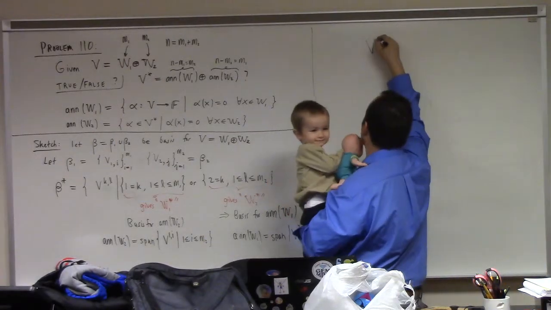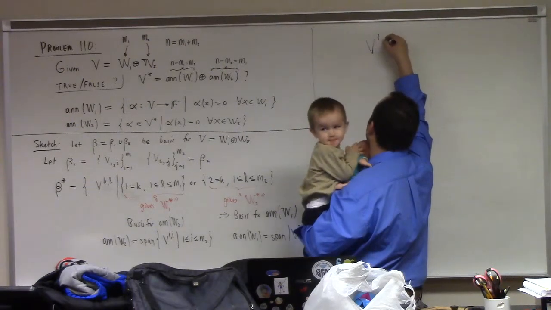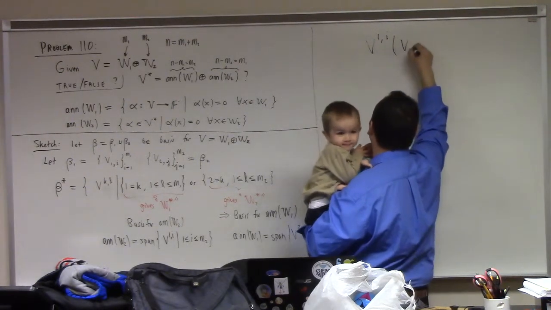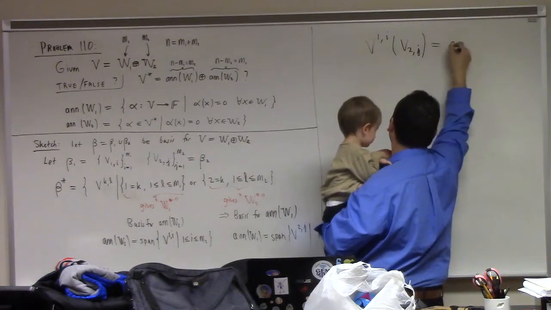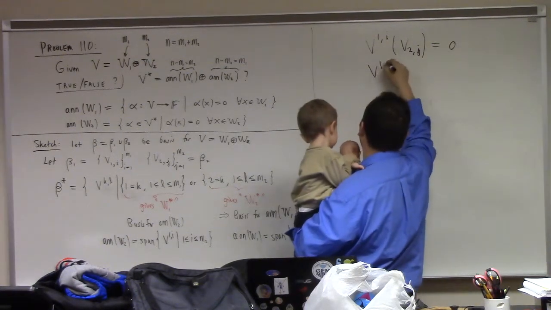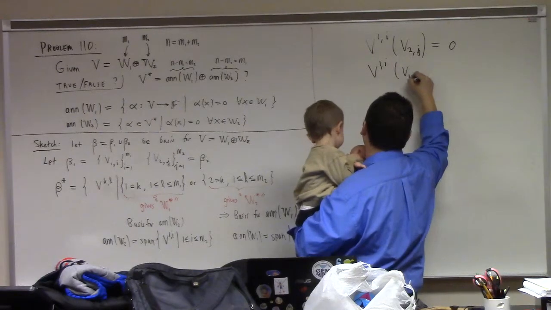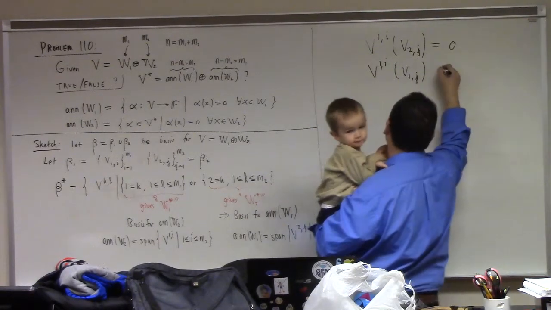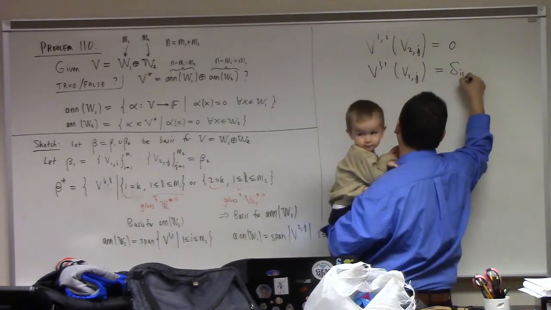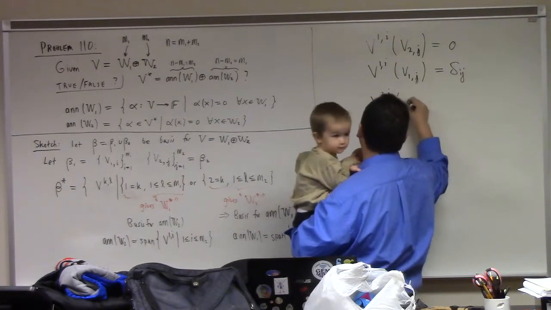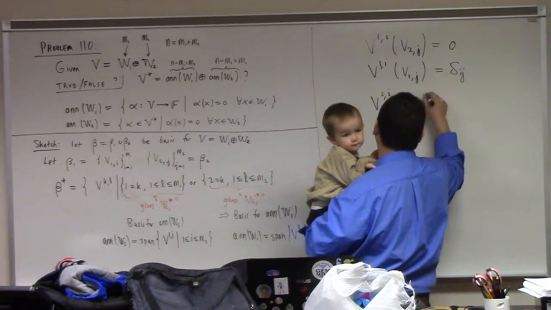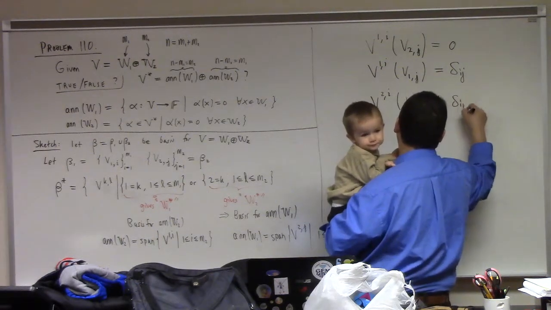So as you think about the way this works, V1 upper I with V2 upper J is 0. V1 upper I with V1 upper J is equal to Kronecker delta IJ. V2 upper I with V2 upper J is Kronecker delta IJ.